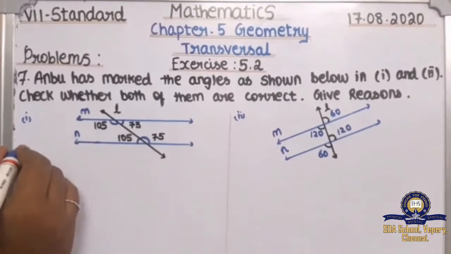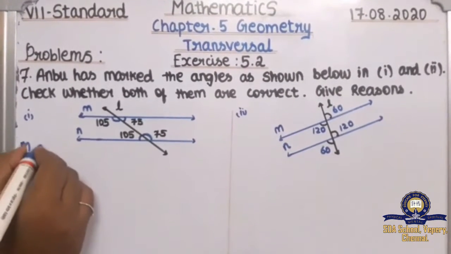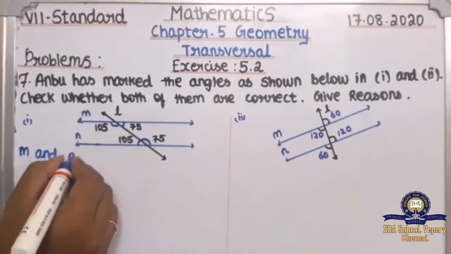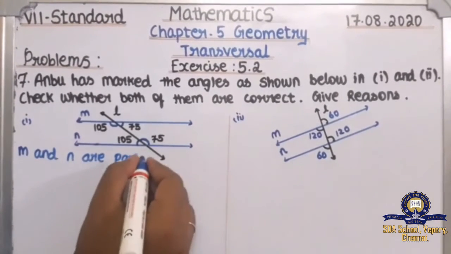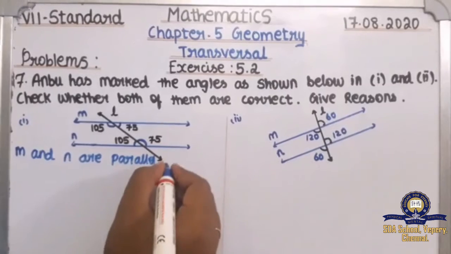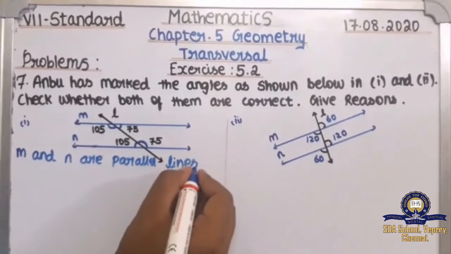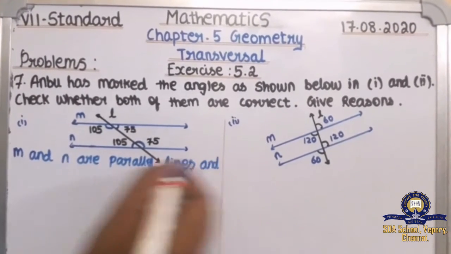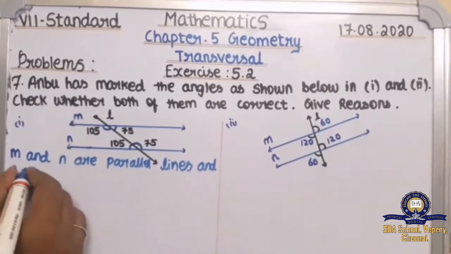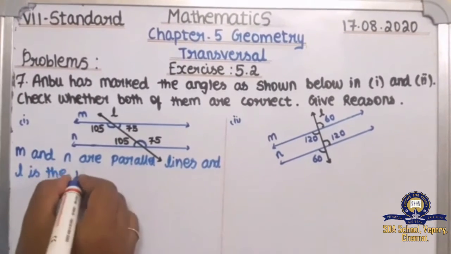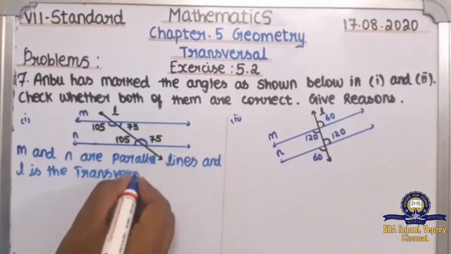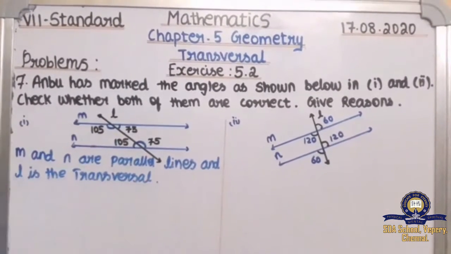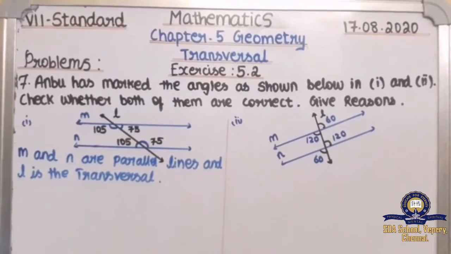Therefore, we can write the first point as M and N are parallel lines and L is the transversal. Now here, how do the angles look like?